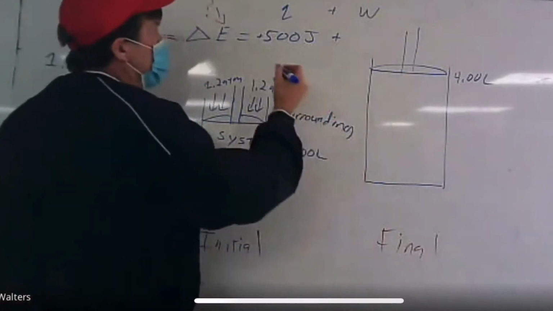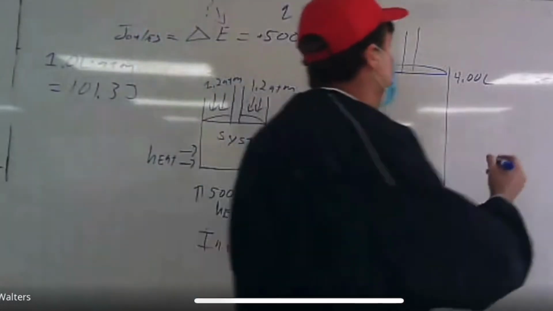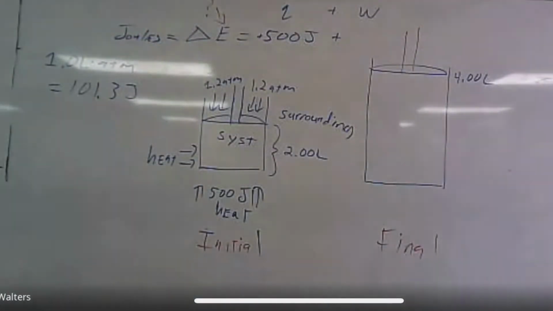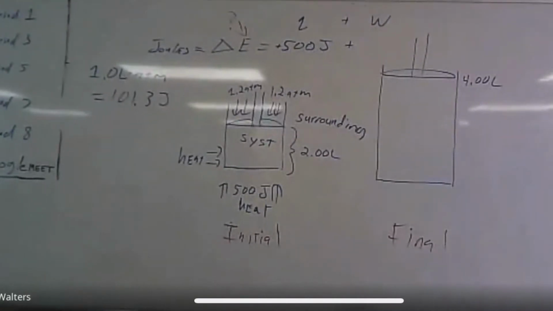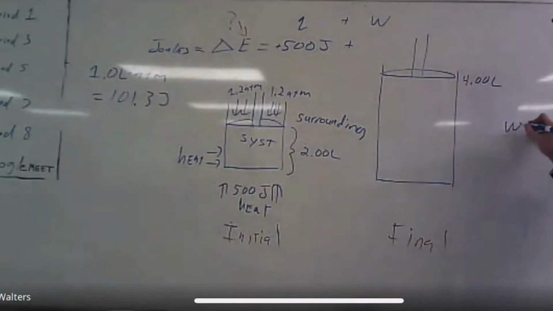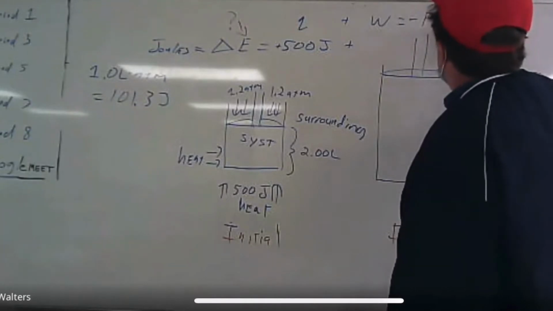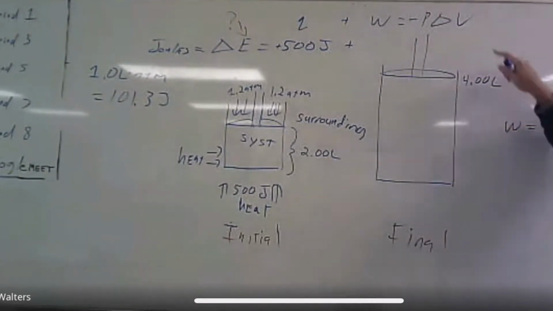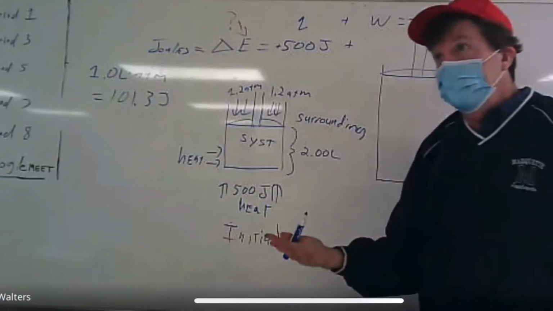Well, work, we could write the formula for work maybe right here. If you can see it at home, not sure. Back up a little bit. Work equals negative P delta V. So this is negative P delta V. Volume changes are always going to be final minus initial.